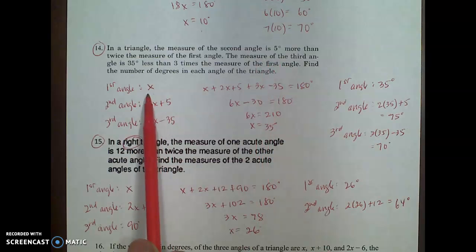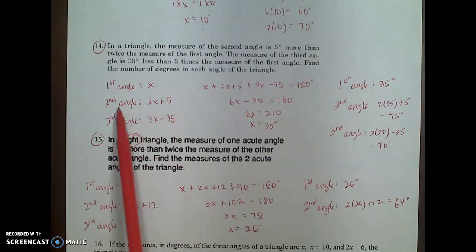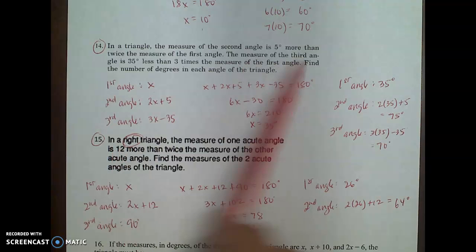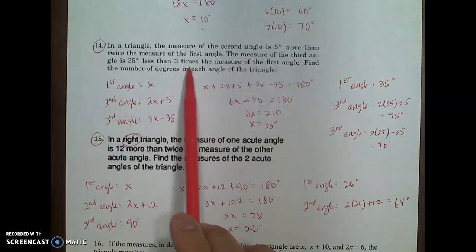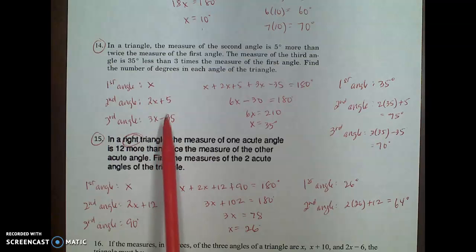So if the first angle is x, 5 more than, plus 5, twice the first angle, 2x. So here's an expression that represents the second angle. The third angle is 35 less than 3 times the measure of the first. So we write an expression for the third angle, 3 times the measure of the first, so that's 3x, 35 less than, so minus 35.